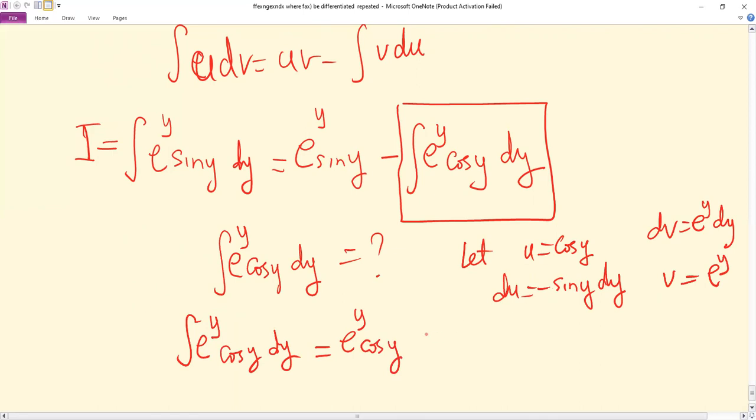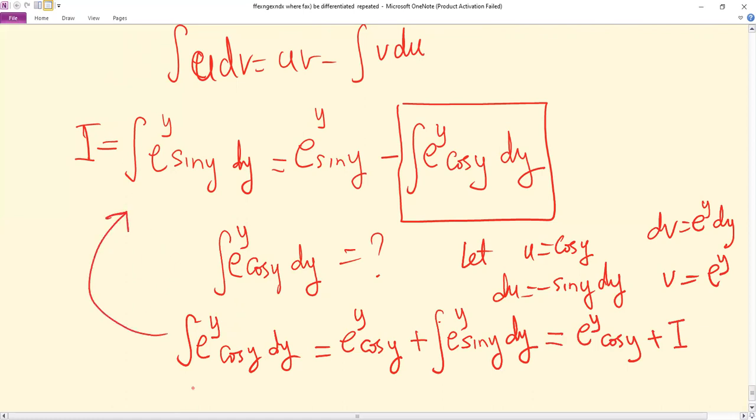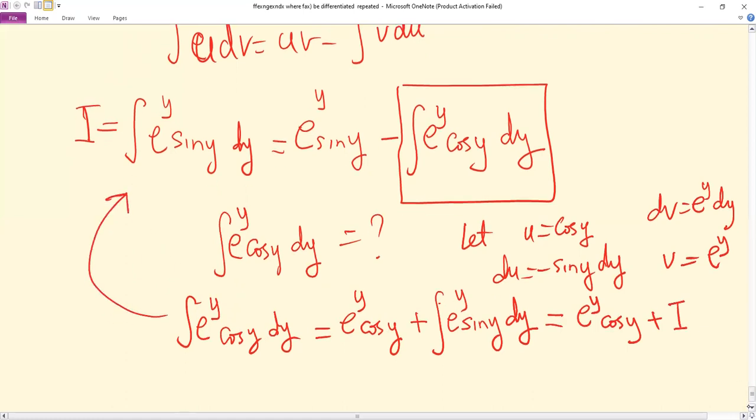But so these negatives will be plus integral of e raised power y sine of y dy. Now you see this part is the same as what we have as I. So I can just write this the same as e raised power y cosine of y plus this integral is I.